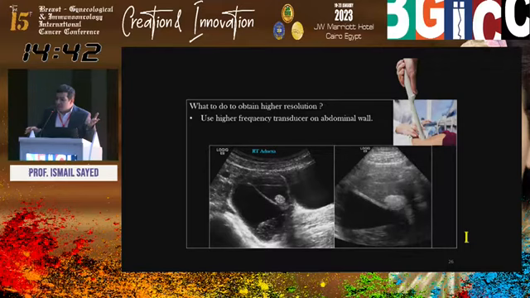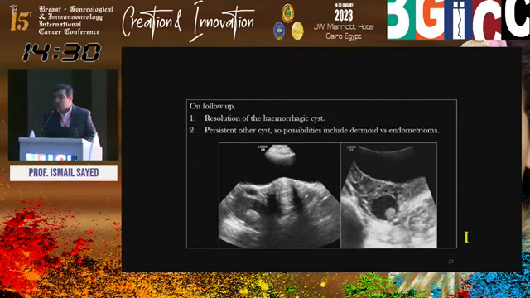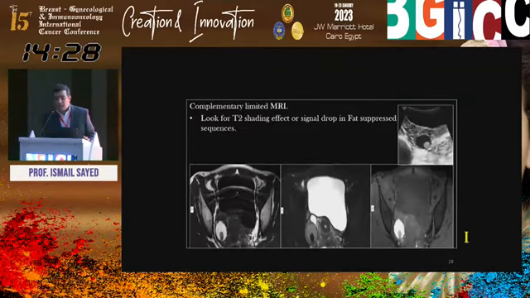Dermoid versus endometrioma, okay? Short-term follow-up, hemorrhagic cyst, complete resolution, and the other cyst, persists. Now it's time for further characterization, of course, MRI. Classic T2 shading with no drop of signal in fat saturated, it's endometrioma.